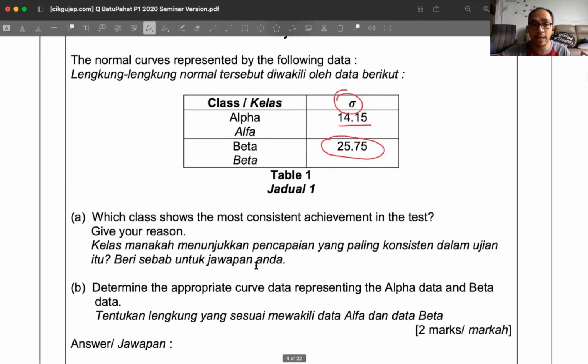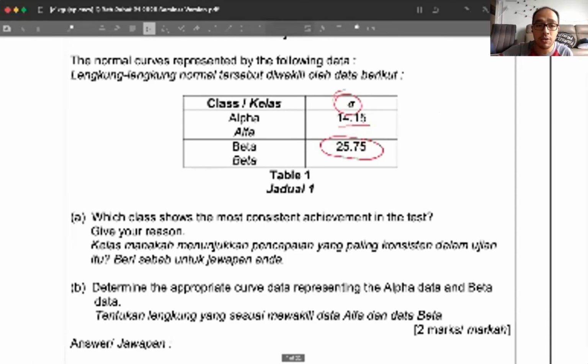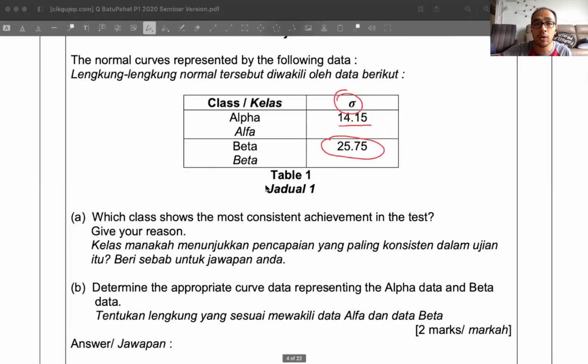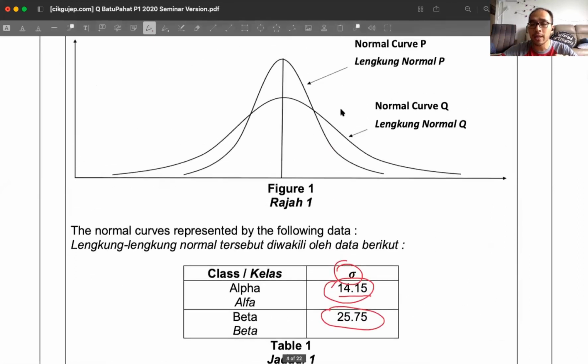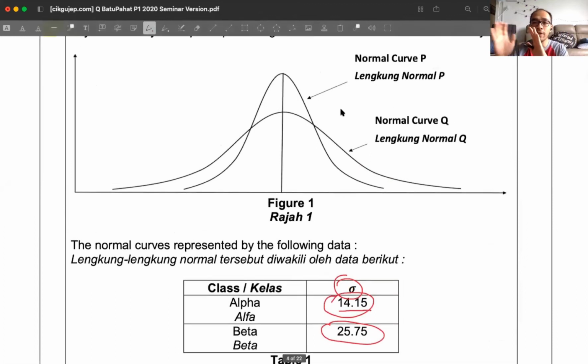Okay, give your reason. This requires us to understand how this one works. Okay, so when the standard deviation is small, what this means, it means a few things. Okay, small standard deviation means that the differences in the marks between one student to another there's not that much difference.